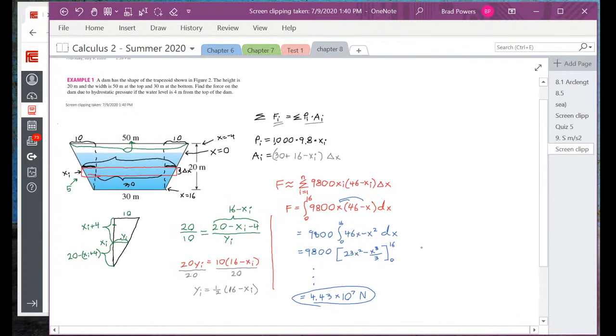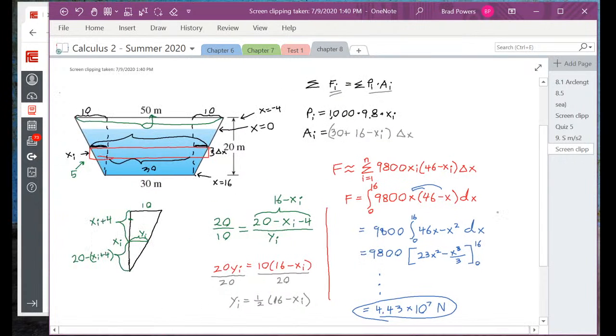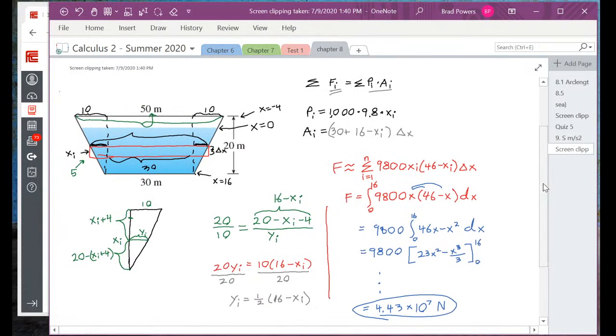Let me zoom out here so we can actually see all the work on one page. Any other problem is very, very similar to that. The hardest part, I really think, is once you got force, pressure times area, what's the pressure of an approximating rectangle times the area of an approximating rectangle? We have an infinite number of those.